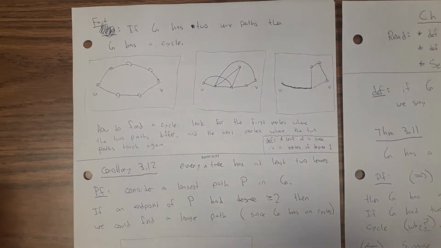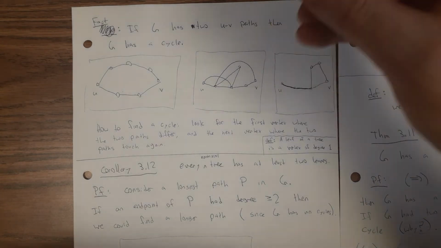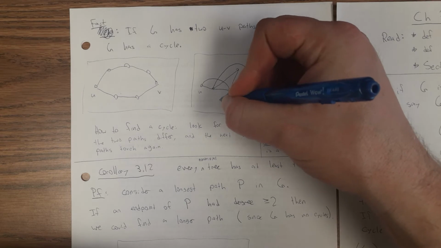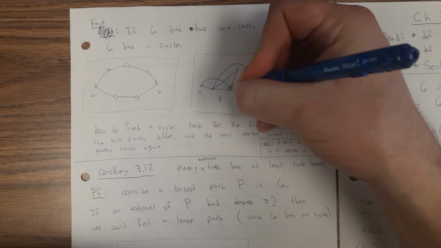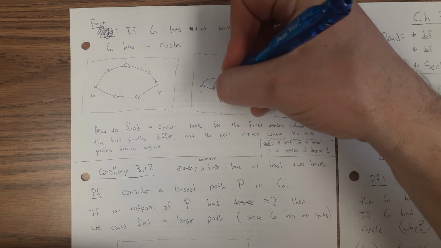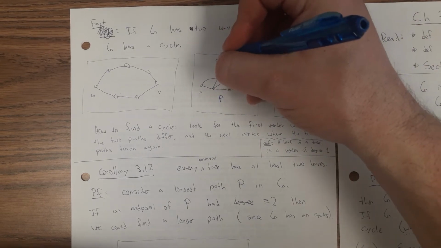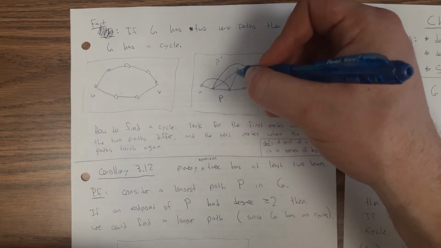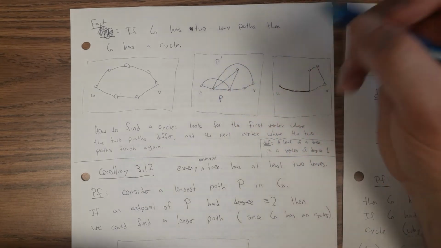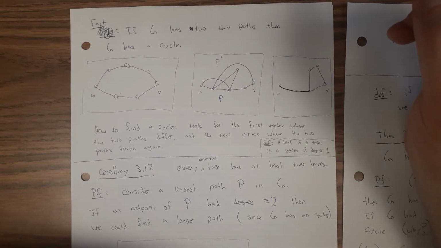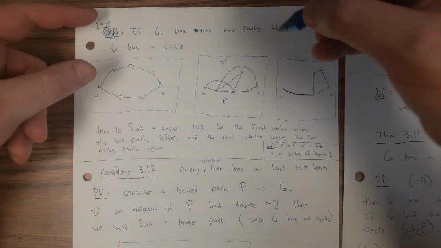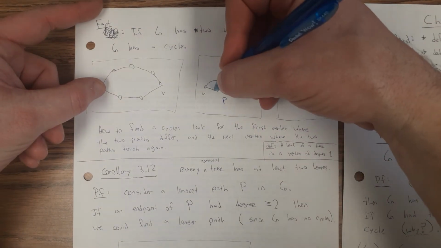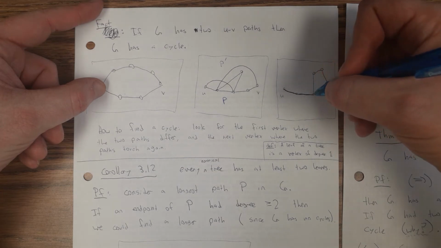Once again, of course this is the most annoying picture, but say path P is this one on the bottom, and say P prime is this crazy one that goes like this, and then this, and then this, and then this. I would say that P prime does not trace along P like they do here.